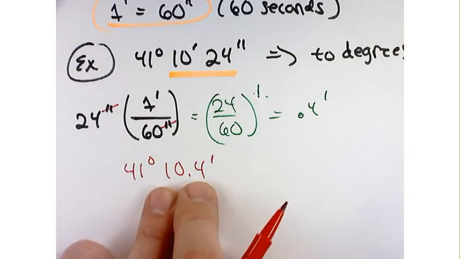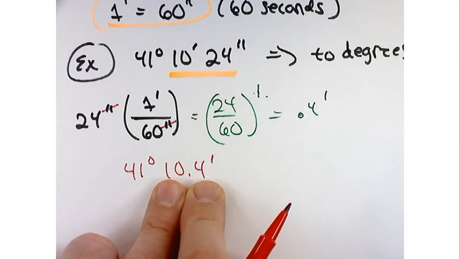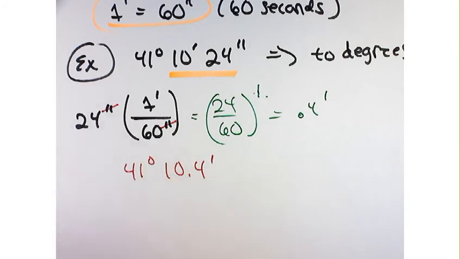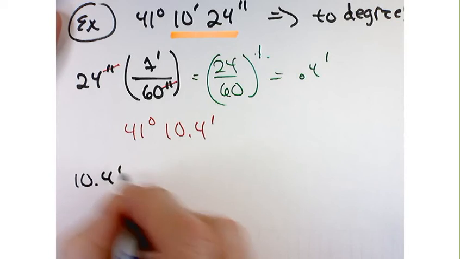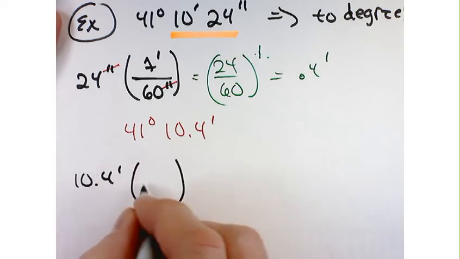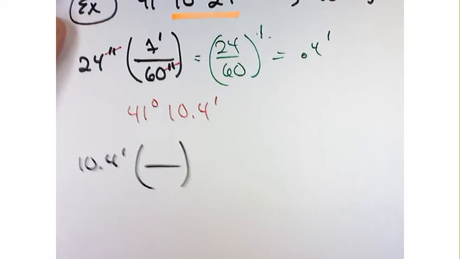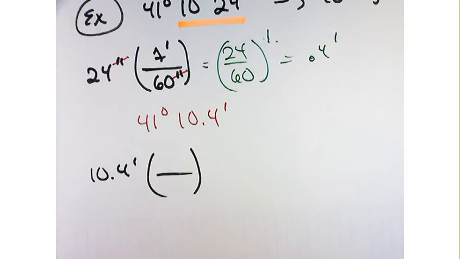And now I'm going to change units of minutes to degrees so I can write the whole thing in degrees. So let's see about that. So let's do 10.4 minutes. And again, I've got to multiply by the number 1. What form of the number 1 am I going to use this time?